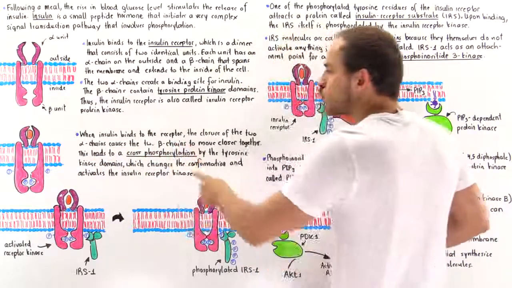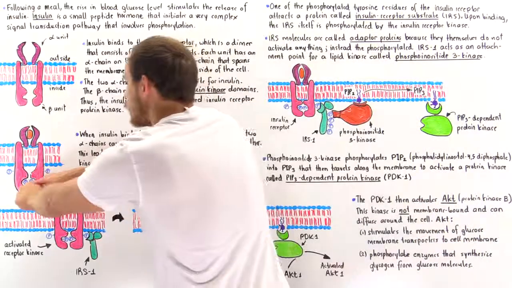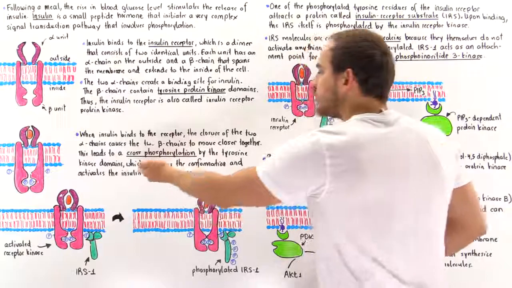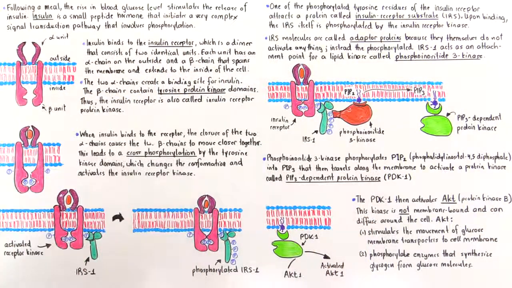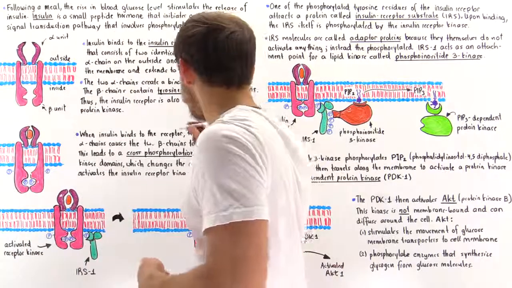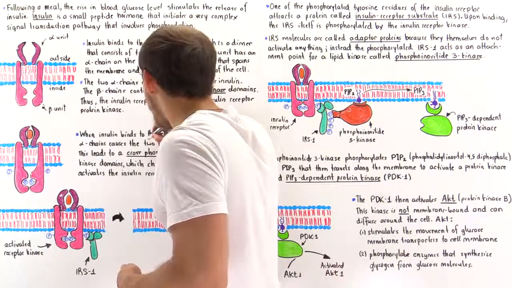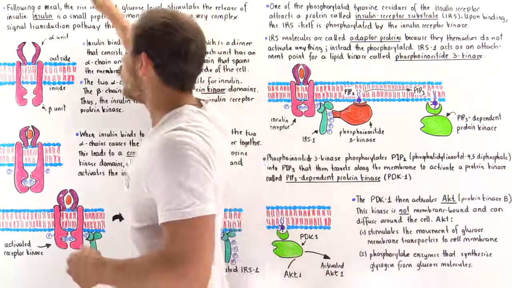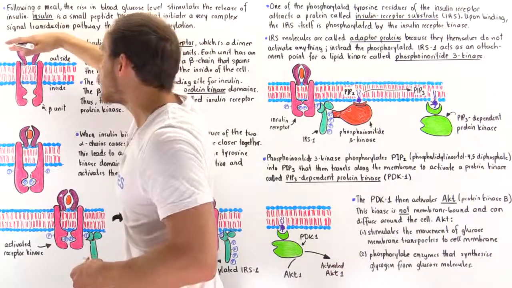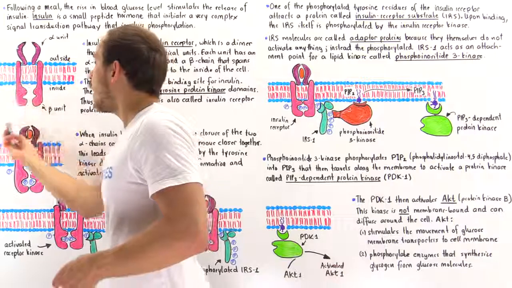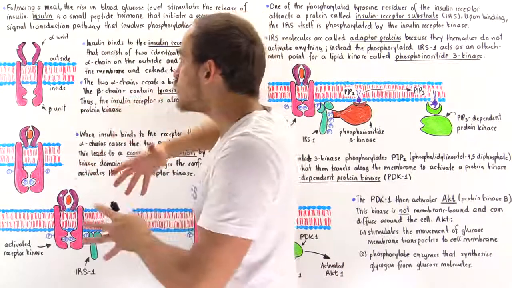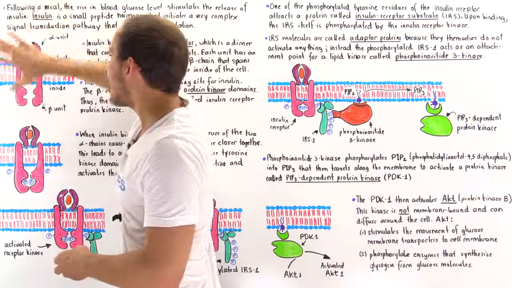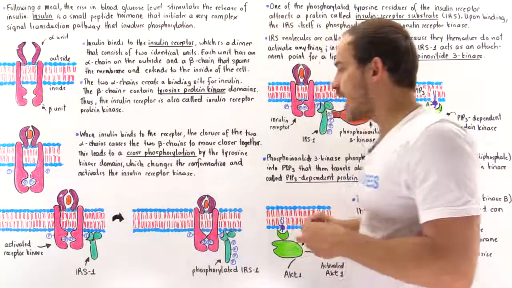This leads to cross-phosphorylation, as shown here and here, that changes the conformation of those beta subunits and activates them. So we see the binding of the insulin on one side of that receptor activates it on the other side, and that signal can be transduced, passed down from the outside to the inside of that cell.